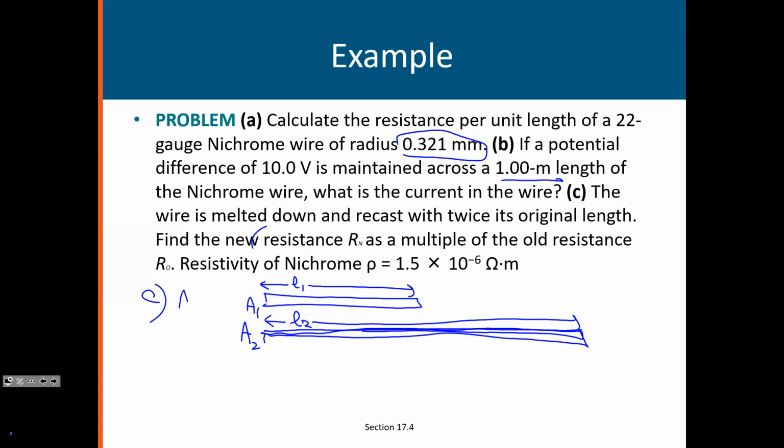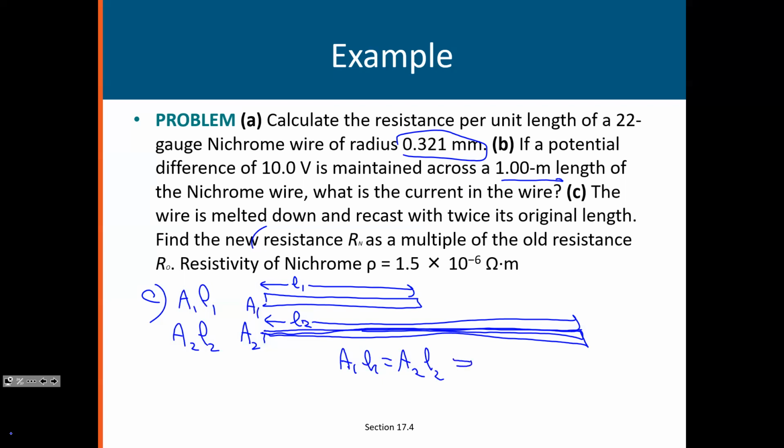So volume is A1L1 here. The volume is A2L2 here. So A1L1 must be equal to A2L2. That gives you our answer. Volume is cross-sectional area multiplied by the length, right? So AL.